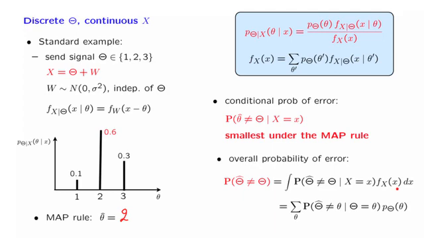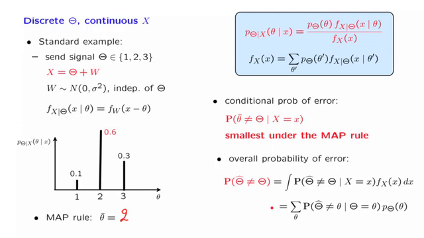Because x is now continuous, here we're going to have an integral. Alternatively, you can condition on the possible values of theta, calculate conditional probabilities of error for any particular choice of theta, and then take a weighted average of them. In practice, this calculation sometimes turns out to be the simpler one.